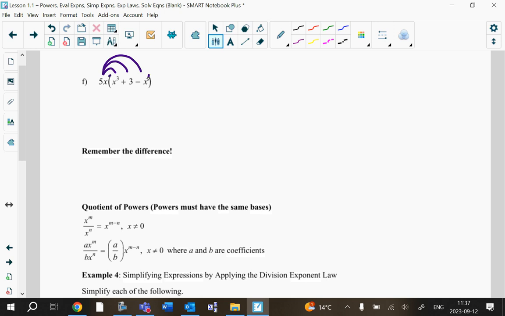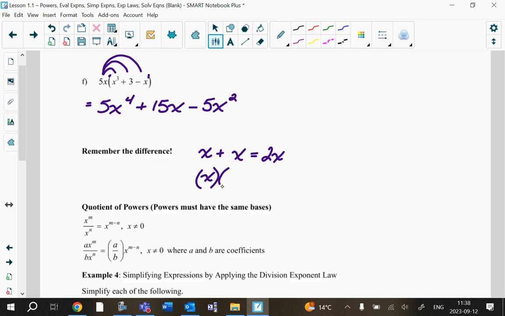So what's 5x to the 1st times x to the 3rd? 5x to the 4th, plus 5x times 3, 15x, minus 5x or 5x to the 1st times x or x to the 1st, 5x squared. Remember, x plus x is 2x. But x times x is x squared.